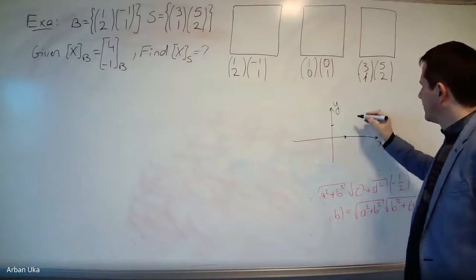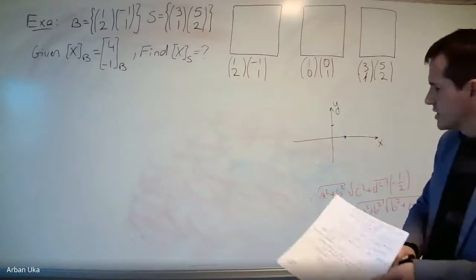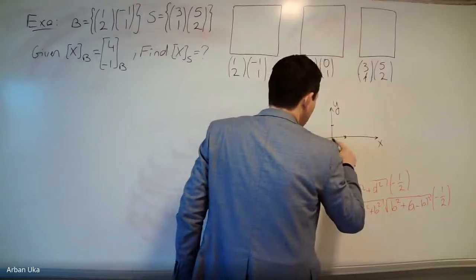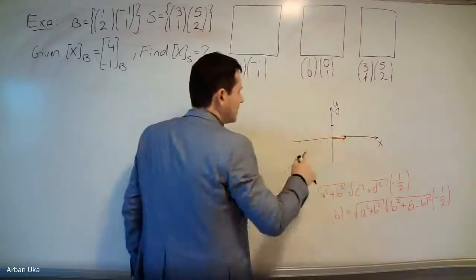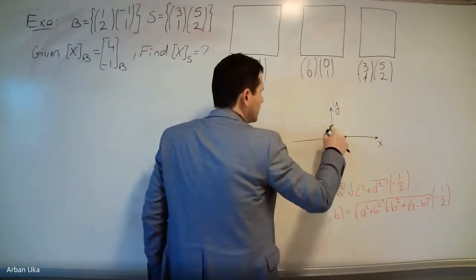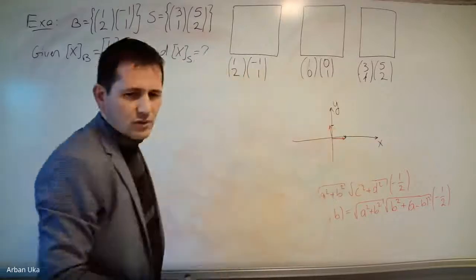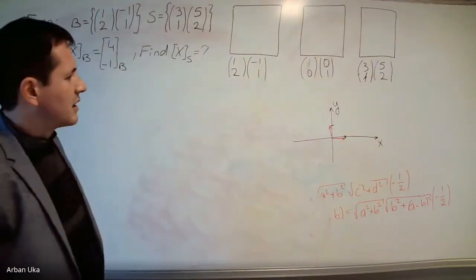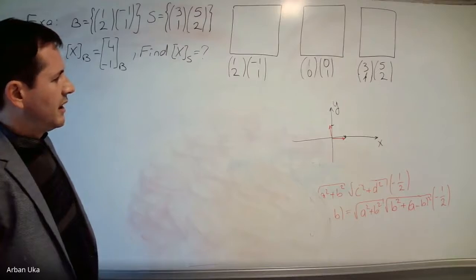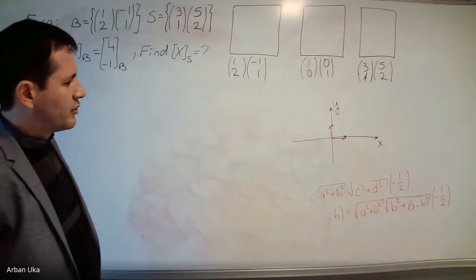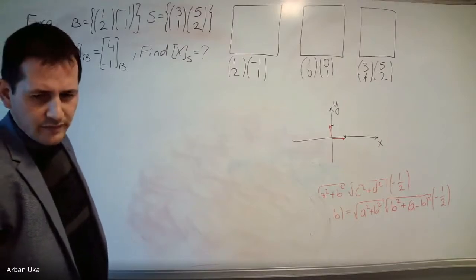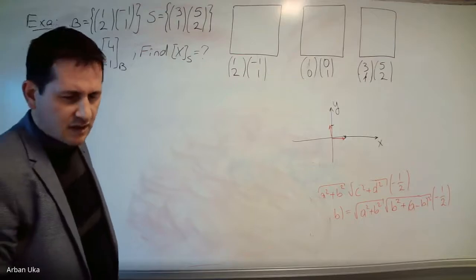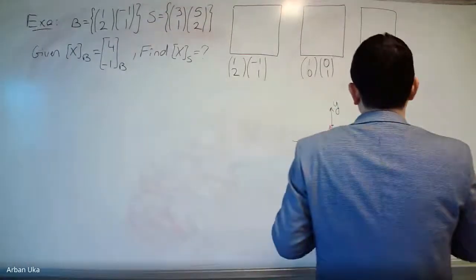Writing the vectors 1, 0, which is this vector here, and writing also the other vector being 0, 1. Okay? So these two vectors, we can describe any vector as a linear combination of these two. Is it clear?